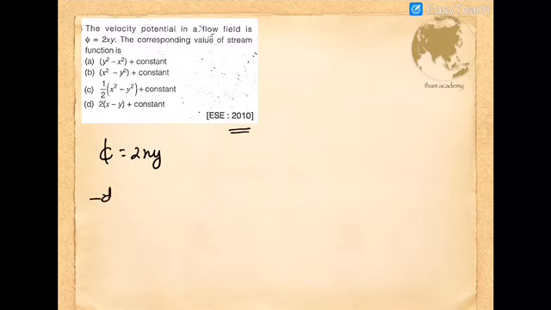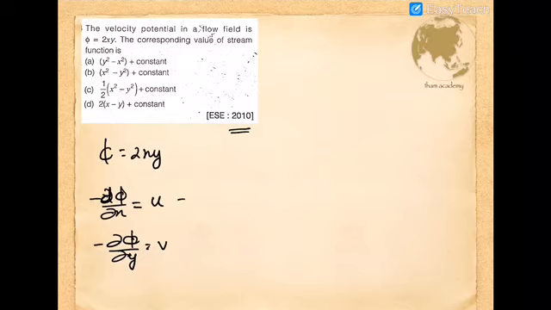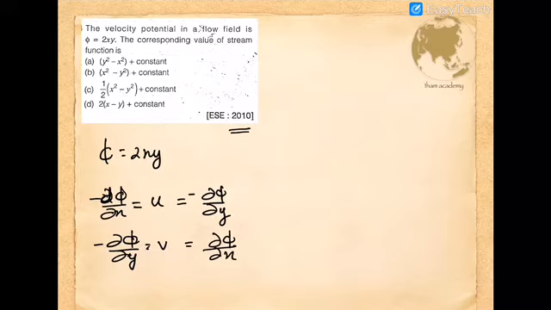So from the definition of potential function, ∂φ/∂x gives the corresponding velocity along the x direction, negative of ∂φ/∂y also gives the velocity in the y direction. From the stream function we know that u is given by ∂ψ/∂y, and v is given by the negative of ∂ψ/∂x.